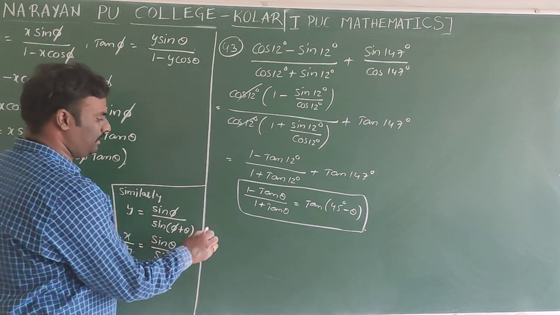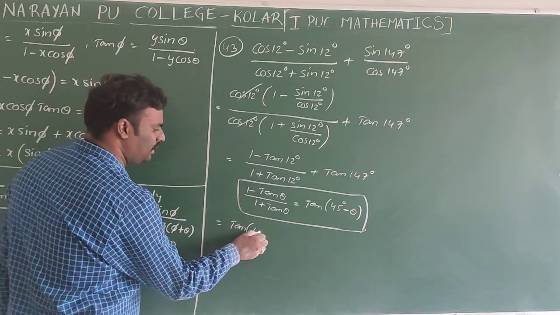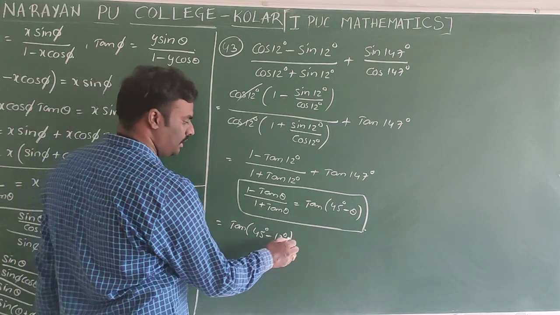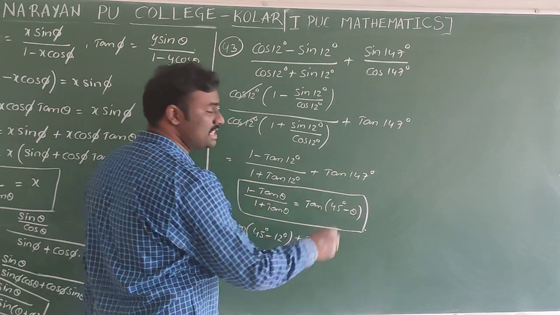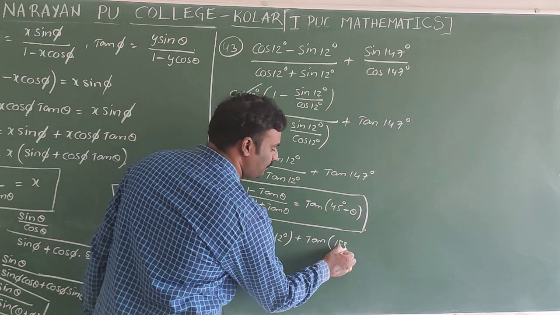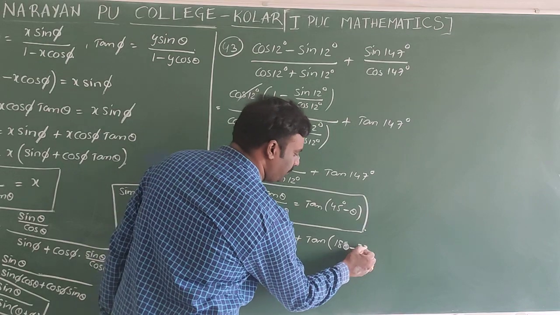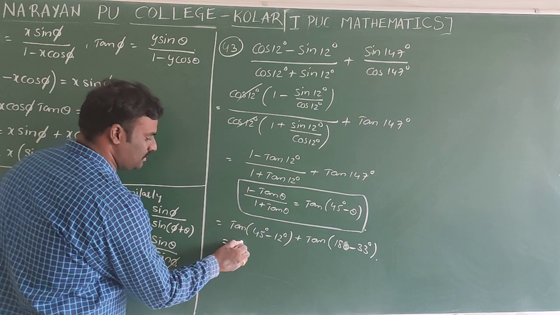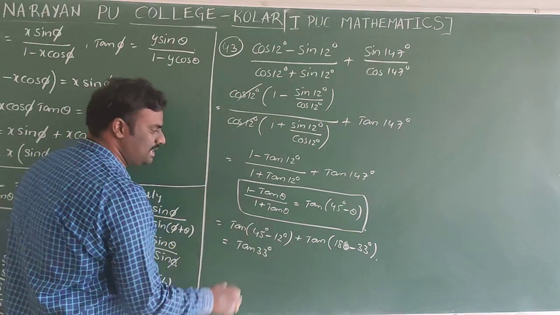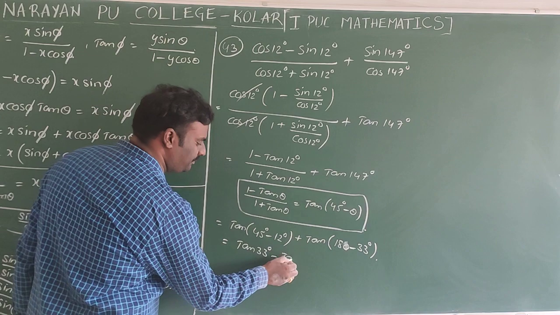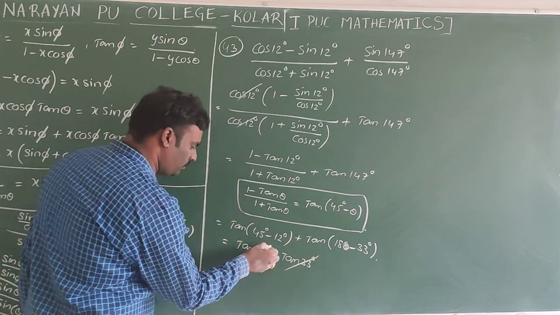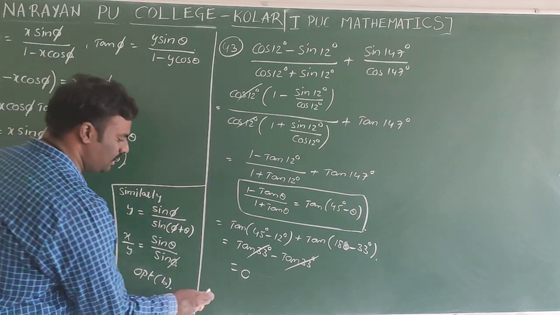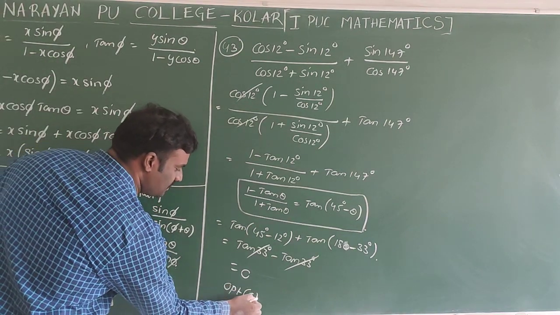Now you can apply it: tan of 45 minus 12. Now 147 can be written as 180 minus 33, and 45 minus 12 means 33. Tan 180 minus theta is nothing but minus tan theta. Both get cancelled. 0 is the answer for 43. That is nothing but option C is the correct answer.